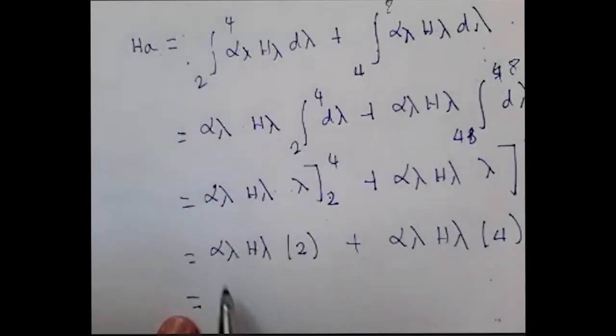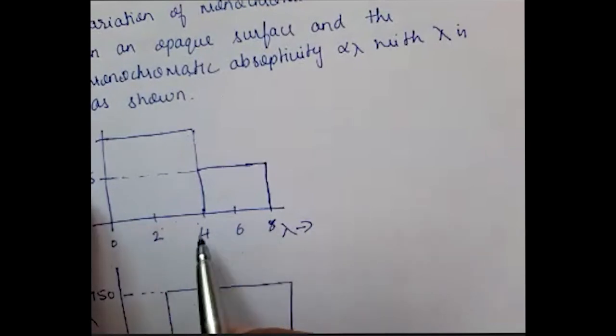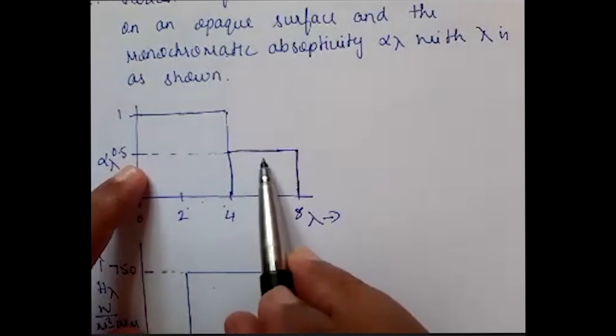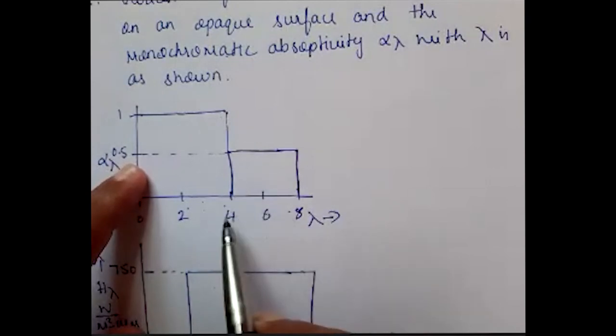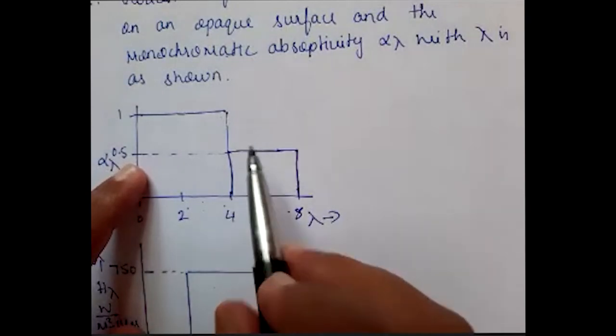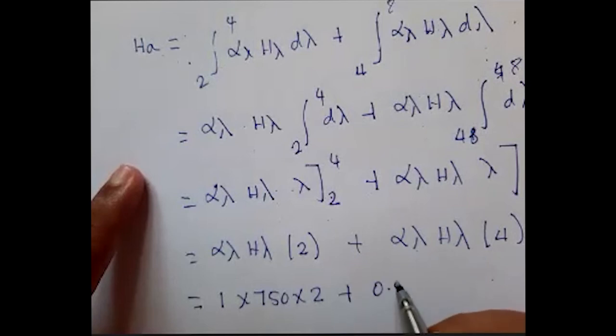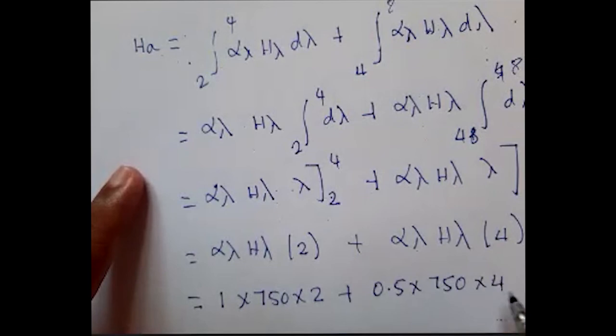So alpha lambda between 2 to 4 is 1 into 750 into 2, plus alpha lambda between 4 to 8, which had a value of 0.5, into 750 into 4.